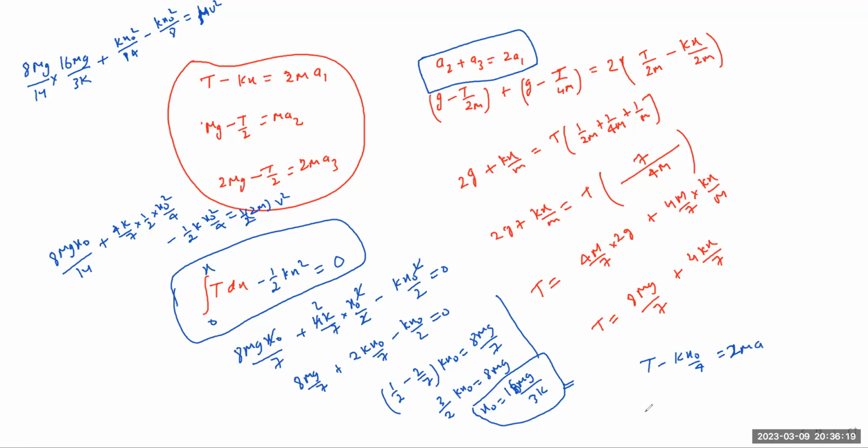And T, how much do we need? 8 mg by 7 plus 4k by 7 into x naught by 4. So 8 mg, so k x naught is 16 mg by 3.